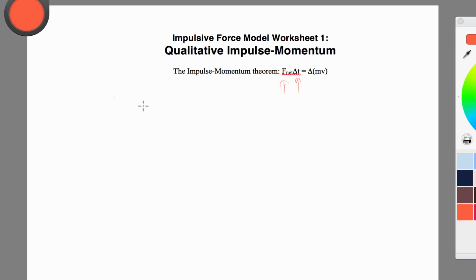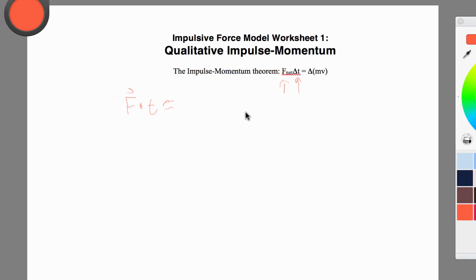So essentially we can say that force, which is a vector, times time, which is not really a vector, time goes in one direction, is equivalent to the change of the mass of an object times its velocity. And velocity, again, is a vector. We can use this to figure out all sorts of things. Usually we will know 3 of these things and then can solve for the 4th thing using some basic algebra.